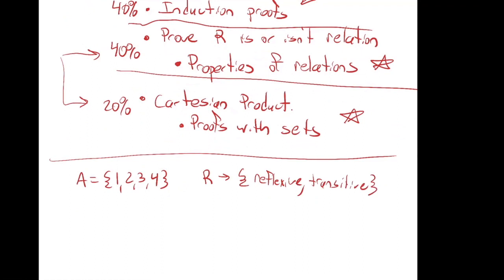We thought about ways that we can find relations that satisfy some of these properties, but not the others. So those would be good to practice. I'm trying to remember when we did that, maybe one or two worksheets ago.